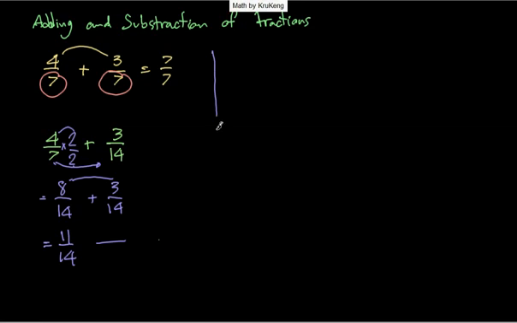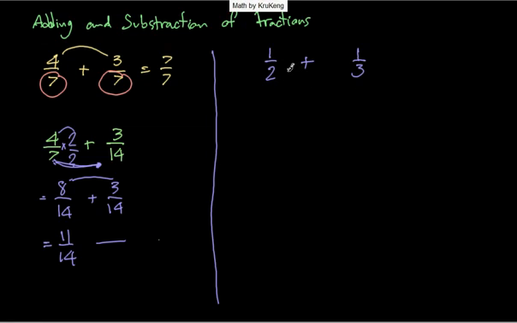But sometimes we cannot multiply one of them to become the other, just like this. Let's say we have 1/2 plus 1/3, we cannot find a number that multiplies by 2 and it's going to be 3.